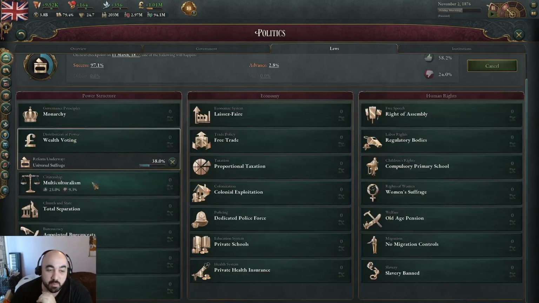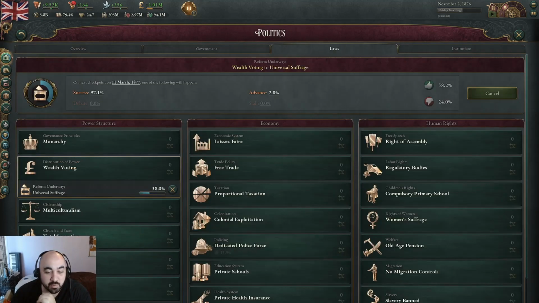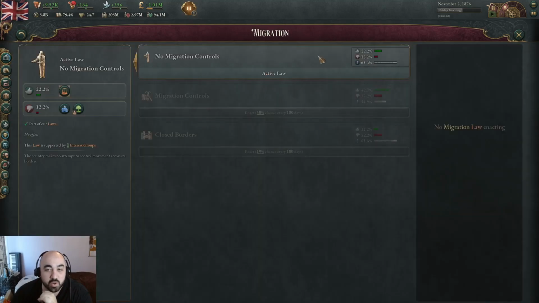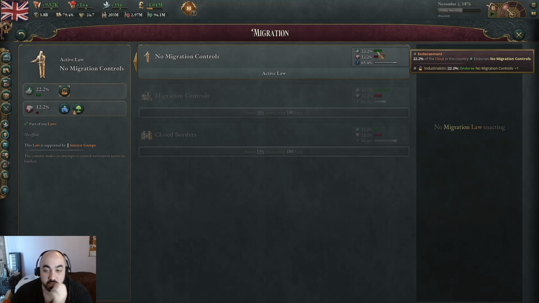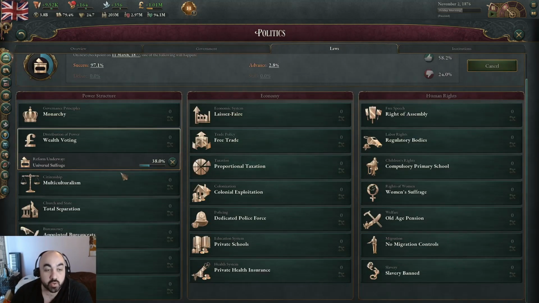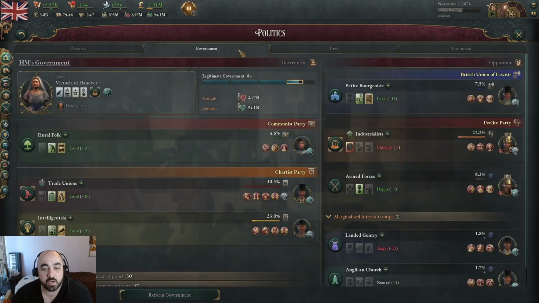They support multiculturalism and total separation, and they don't support no migration controls, but I believe the Industrialists do. Yes, the Industrialists do. So together, you can get multiculturalism, total separation, no migration controls. All these are really powerful because migration is overtuned. So for an early to mid-game strategy, it makes sense to bolster the Intelligentsia and the Industrialists.